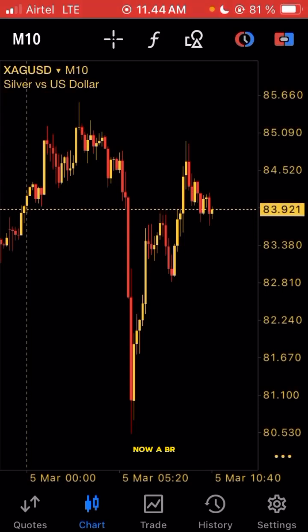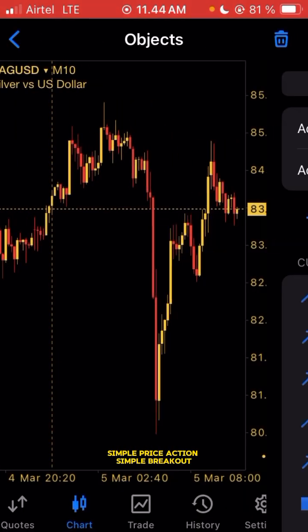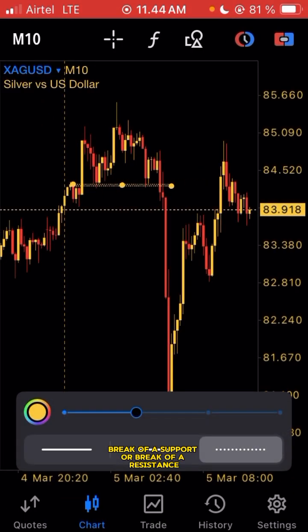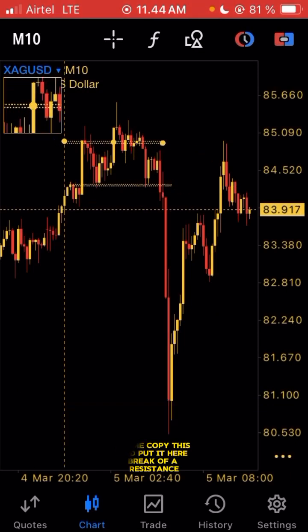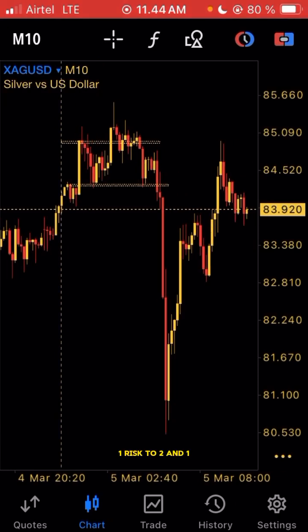Now, a breakout trader uses simple price action, simple breakout, something like this: break off a support or break off a resistance. Let me copy this and put it here. Break off a resistance. Now, with this simple price action, your focus is little risk to reward ratio, 1:2 and 1:3.